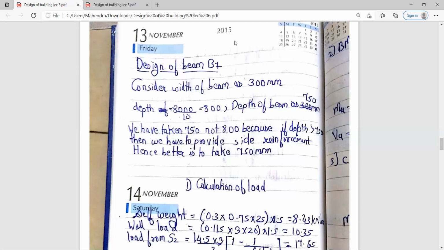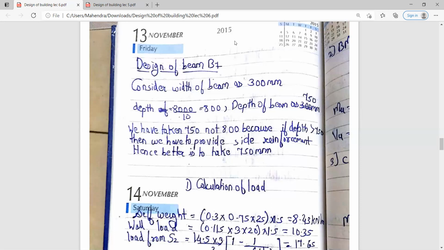So we are reducing the depth value by 50, and we are going to consider the depth of beam as 750 mm. If it is more than 750, what will we need to do? We will need to provide the side reinforcement. Therefore we are going to consider the minimum, that is 750 only.